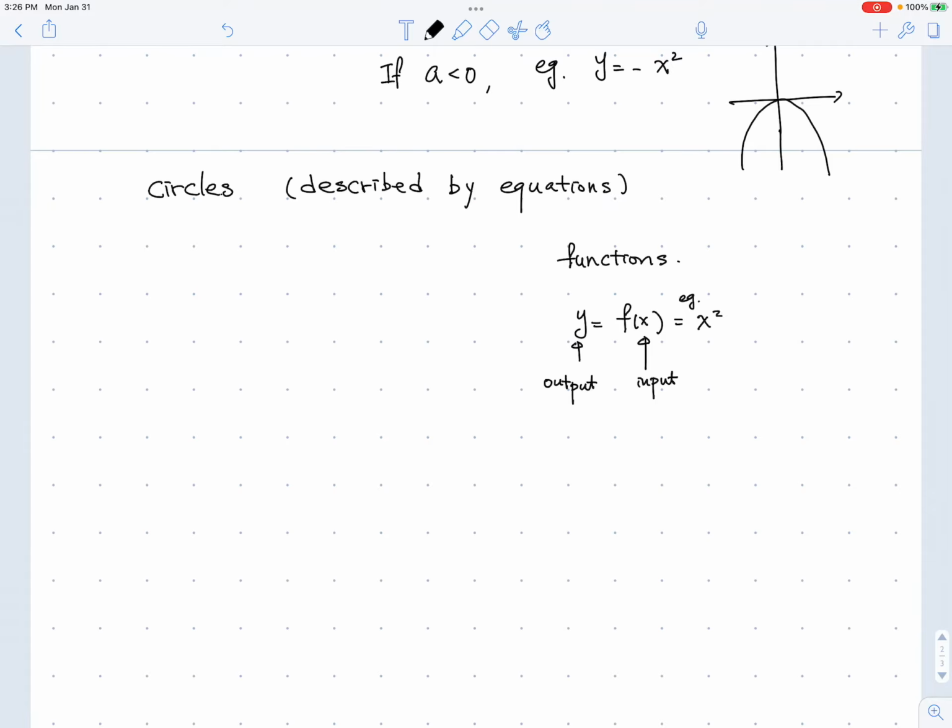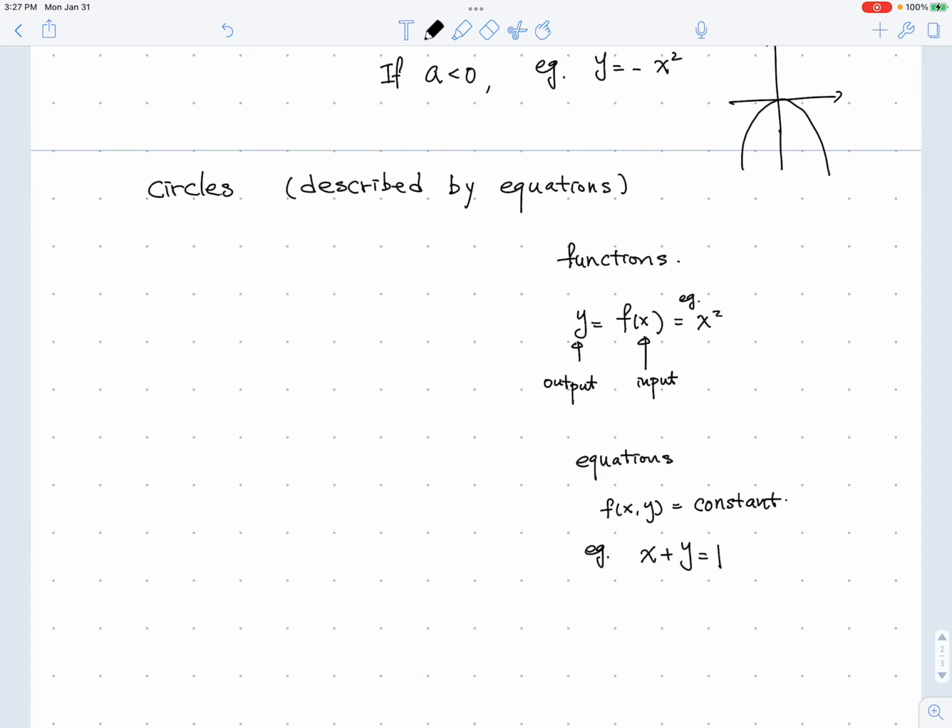And equations are like this. You don't have a single y on one side and x's on the other side. You have f of x, y equals a constant. Let me give you an example. x plus y equals 1. This is in the form of an equation.